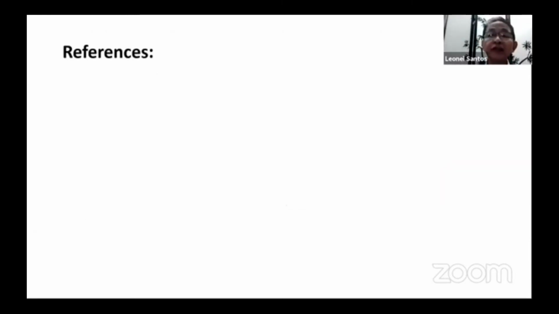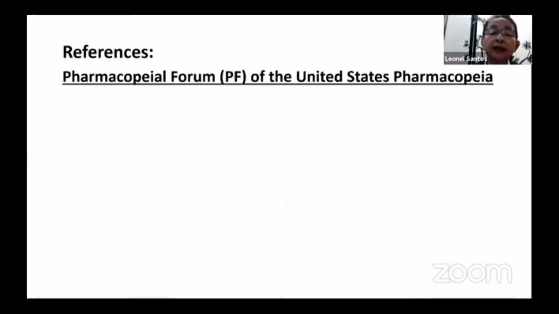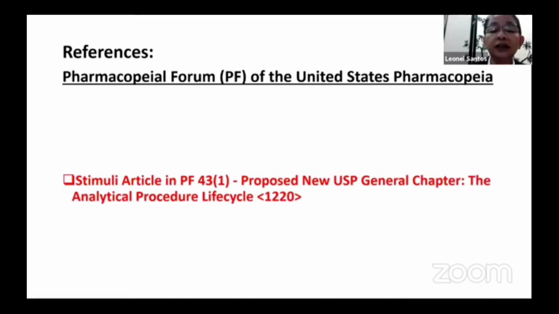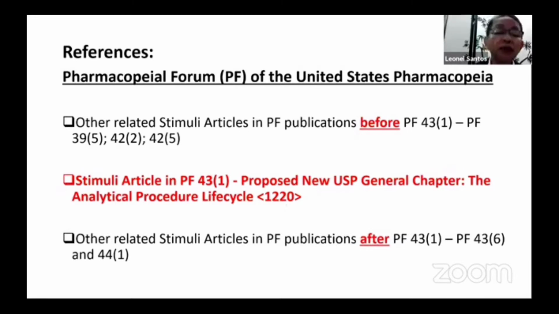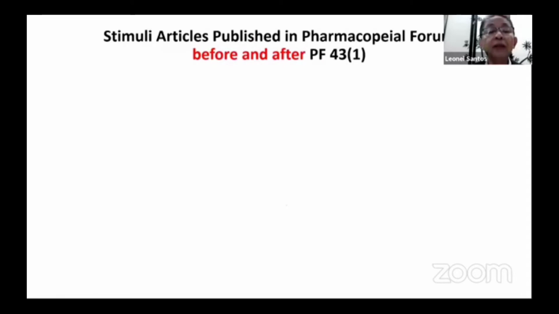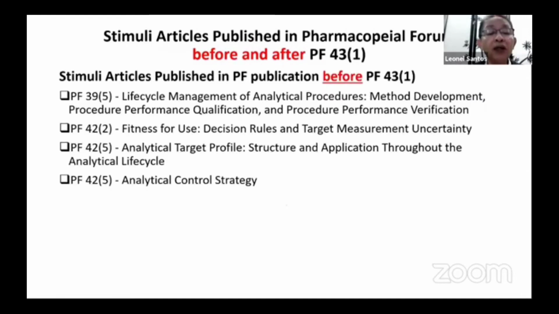In terms of references, the new proposed general chapter 1220, called the Analytical Procedure Life Cycle, was published in PF, Pharmacopoeial Forum 43.1. There were publications published before it, and stimuli articles published after it. The earlier publications are stimuli articles that have important terminologies.